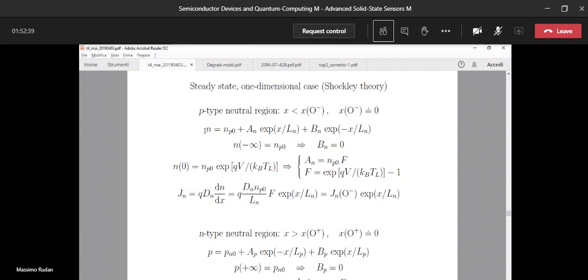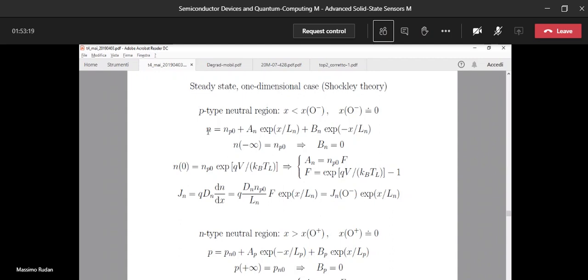What shall we do next? Well, you remember in the neutral region, the minority carrier's current is diffusive. So the expression of the current, Jn, in the neutral region of the p-type is equal to the diffusive term only. So it is q Dn, derivative of n with respect to x. But now we know n. n is something that we know.